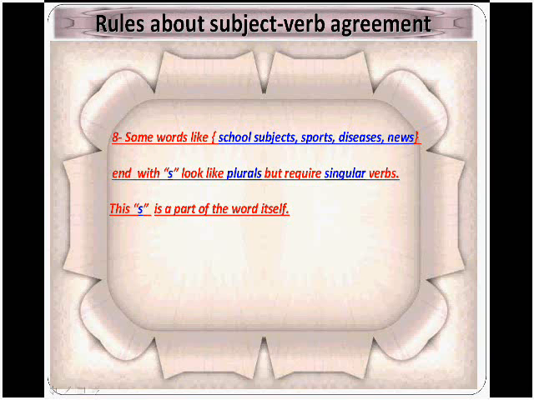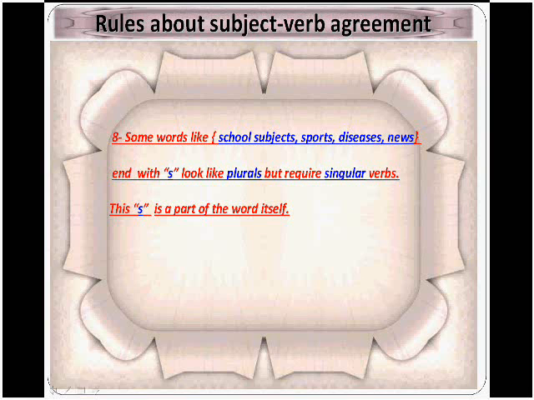Again, some words like school subjects, sports, diseases, news, as you can see, have an S at the end. These words look like plurals, but really they require singular verbs. This S is a part of the word itself, so it has nothing to do with the plural of the word.